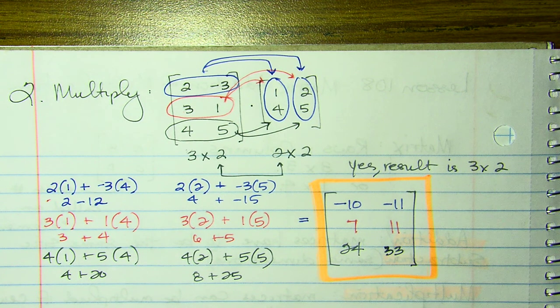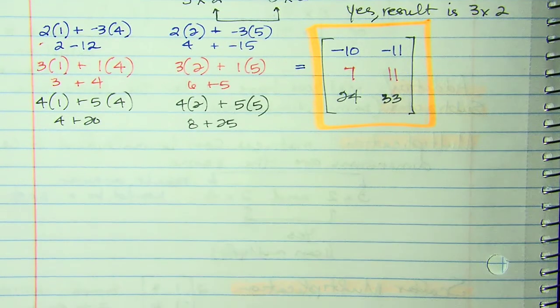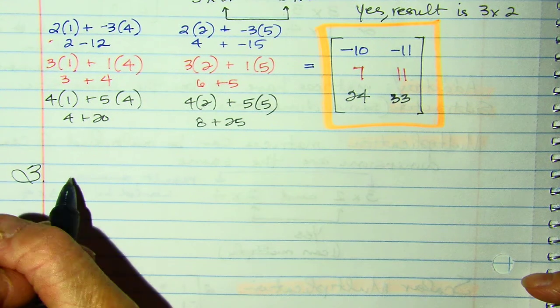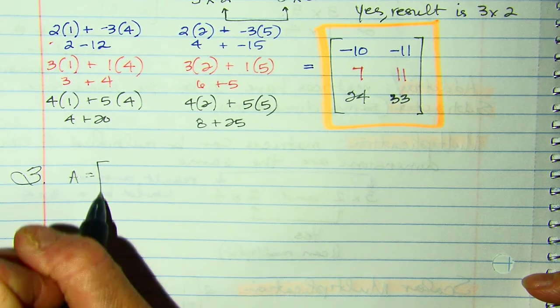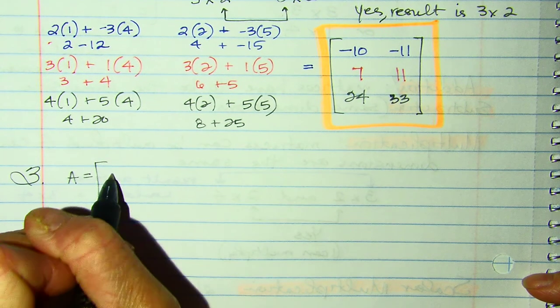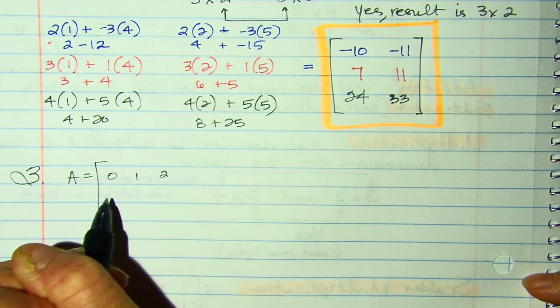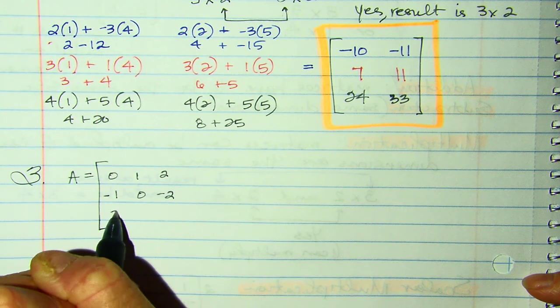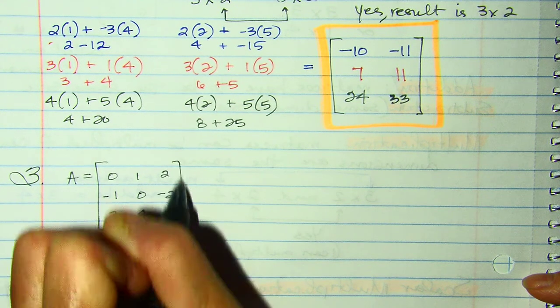So let's try that one more time, and then I think we can move on. So number 3, A, I've got 0, 1, 2, -1, 0, -2, 3, 4, and 0.